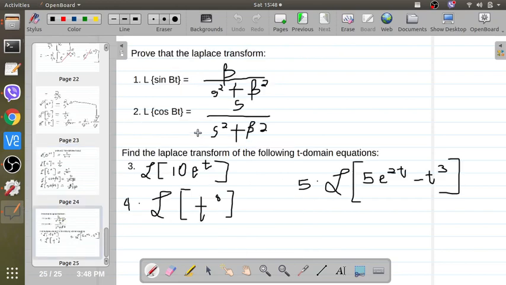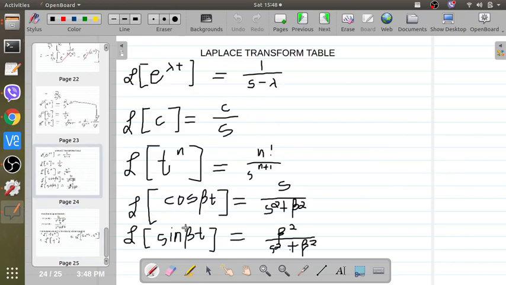For your activity, since we only went as far as proving these theorems, your assignment is to prove that the Laplace transform of cosine bt is s over s squared plus b squared, and that the Laplace transform of sine bt is b squared over s squared plus b squared.